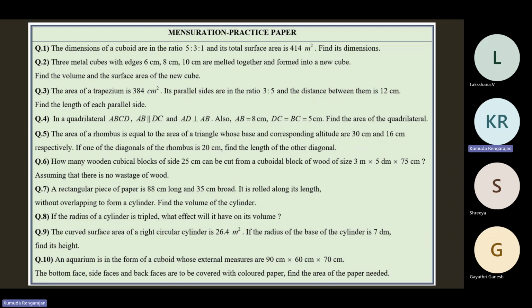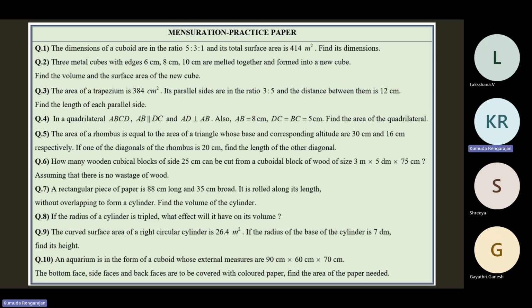2 of LB plus BH plus LH. Correct. So I've got it from Yarni. 2 of LB plus BH plus LH. So that is given. So the TSA, the total surface area, is equal to 414. Below that, 2 of LB plus BH plus LH is equal to 414.